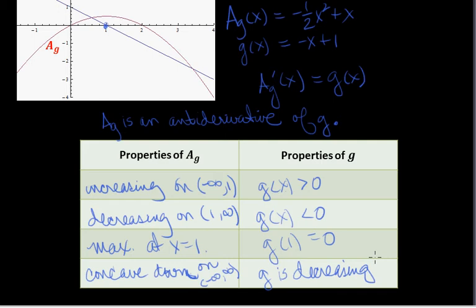Well, if g is the derivative of a sub g, its derivative is negative, meaning that g is decreasing. So all of this fits into exactly what you learned in Calculus 1. Please review these relationships if you need to.